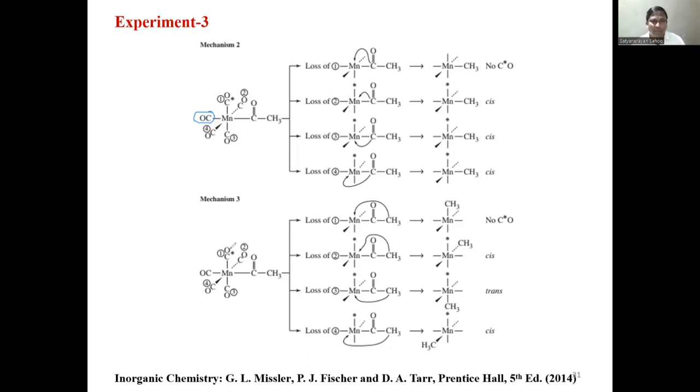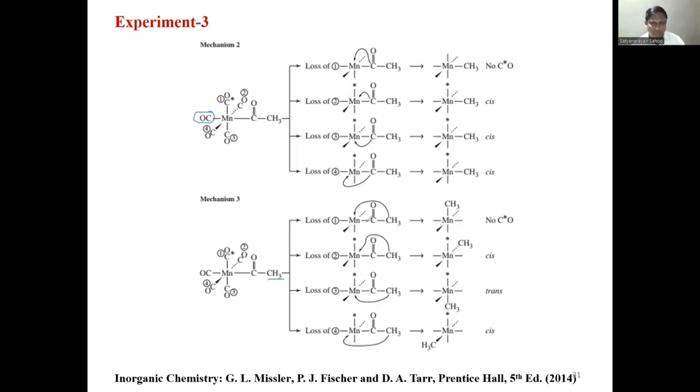So in mechanism 3, again, after the loss of this carbon monoxide, either from 1, 2, 3, or 4, the methyl has to migrate. First the methyl migrates to position 1. Here it is the 2nd position. Here it is the 3rd position. Here it is the 4th position.